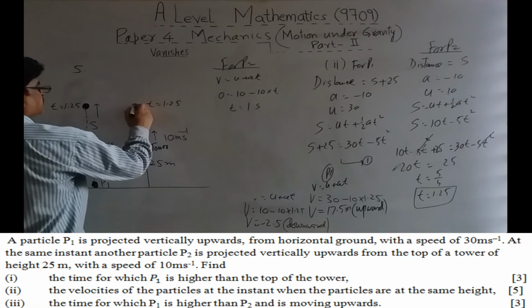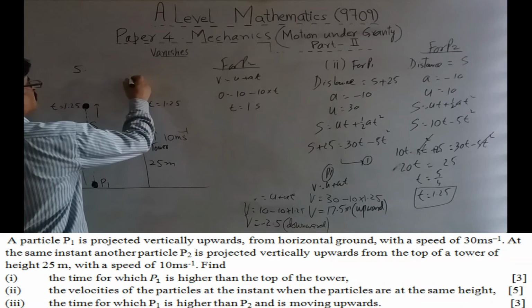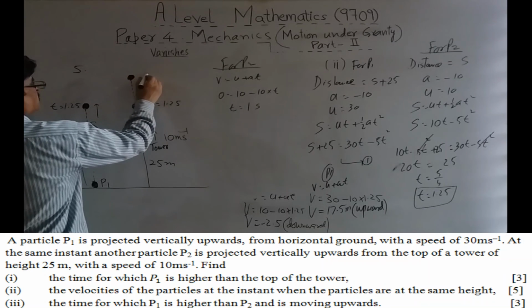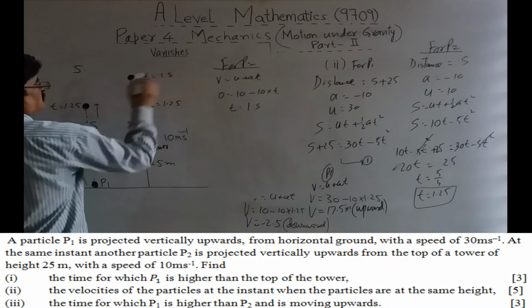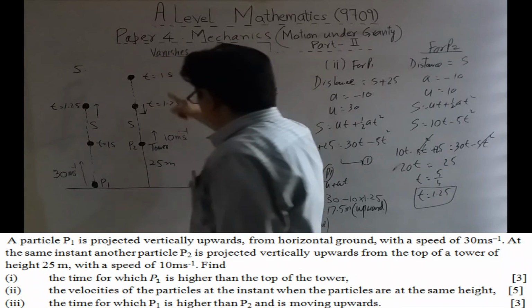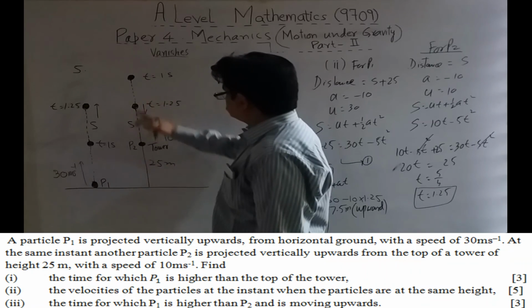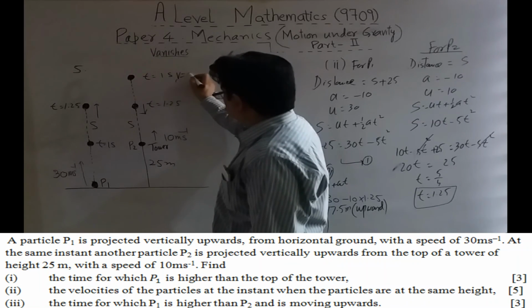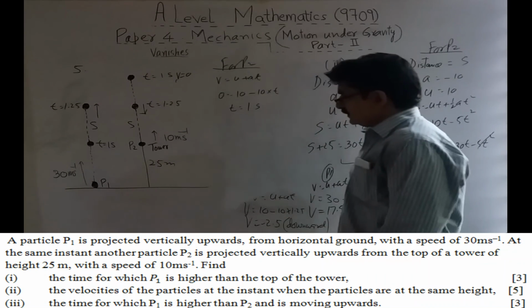So it means that, suppose this is the highest point, here t is 1 second. When t is 1 second in going up, here its velocity becomes 0 as we have calculated.